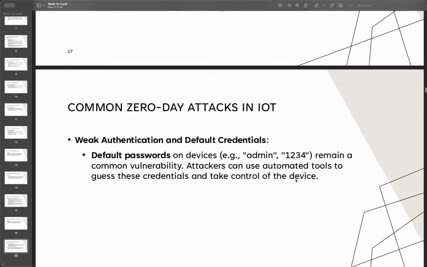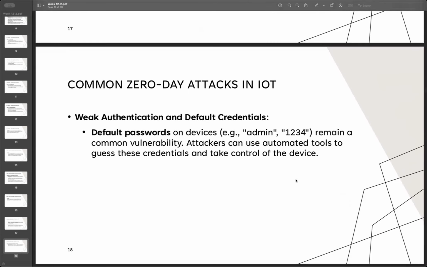And also weak authentication, as we know, default credentials. We always know that even for other suites, there's a basic one. They always use the default password, like admin, 1234567, or password, or whatever like this. It's a common vulnerability even nowadays.